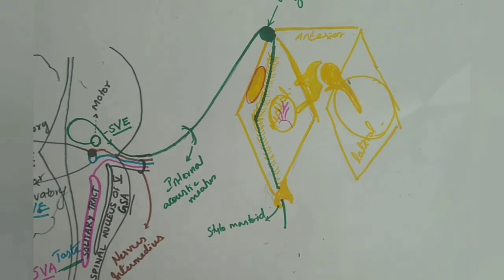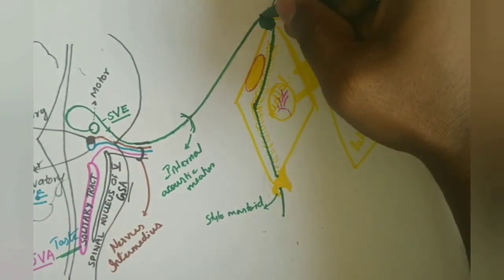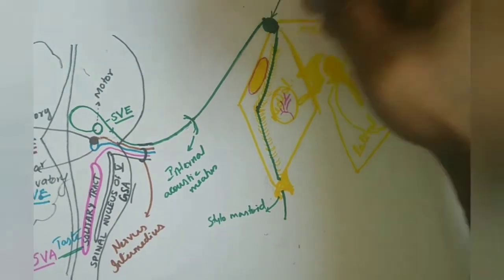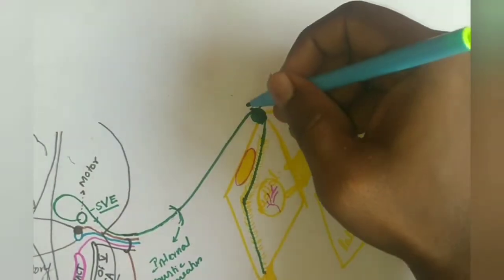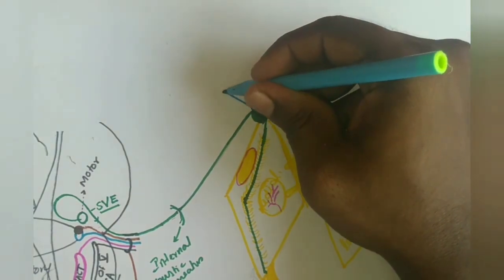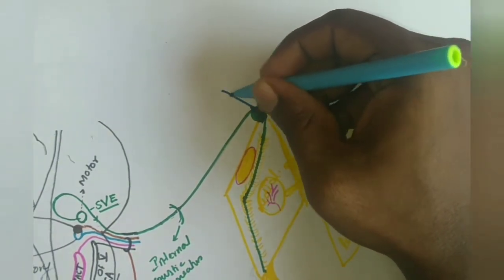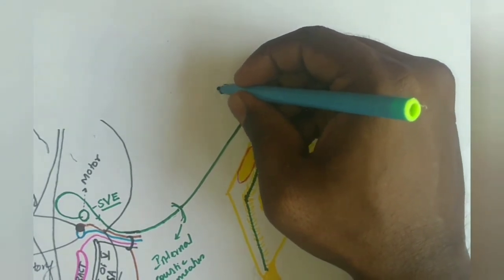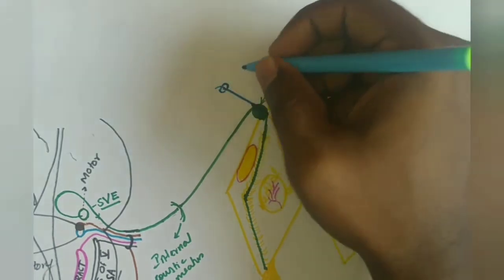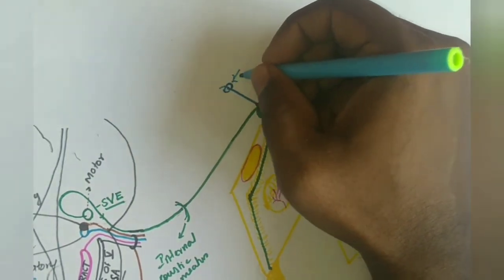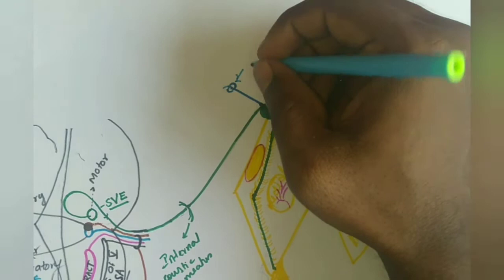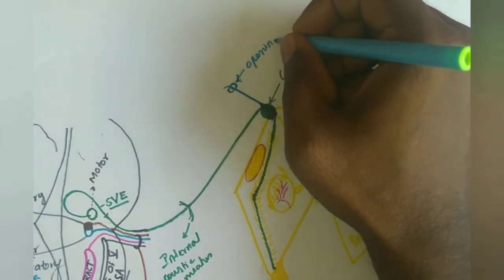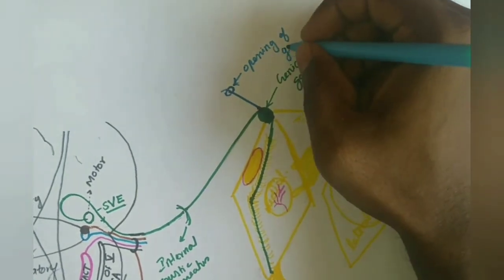The greater petrosal nerve emerges from the geniculate ganglia, then it will pass anteromedially inside the petrous part of the temporal bone, in a small canal, then emerges out from the petrous part of the temporal bone through an opening called the aperture for the greater petrosal nerve.